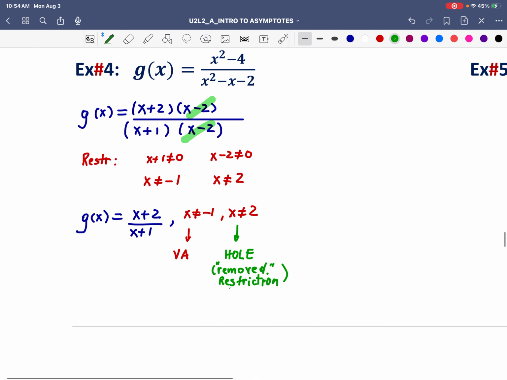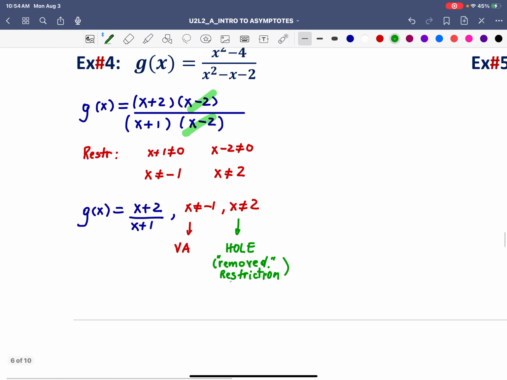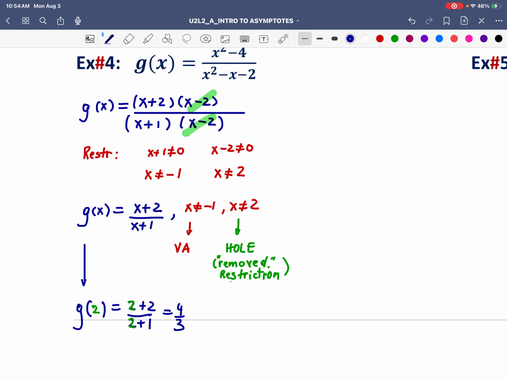Now, what are the coordinates of the hole? We have to find them by using the simplified function. So g of 2 would be equal to (2 plus 2) over (2 plus 1), and that will give 4 divided by 3. So therefore, the coordinates of the hole would be x equals 2 and y equals 4 over 3.